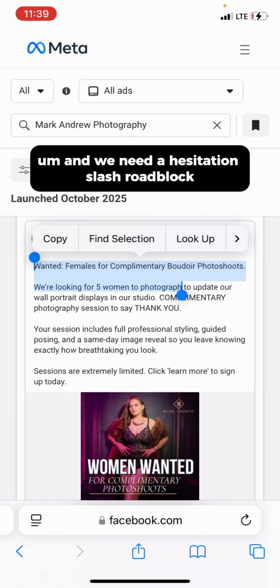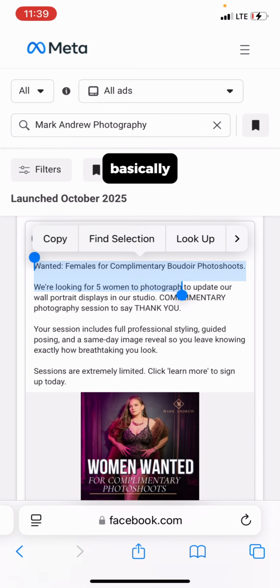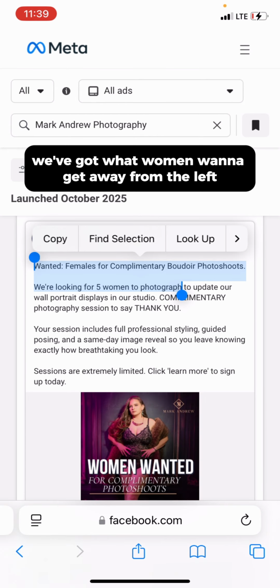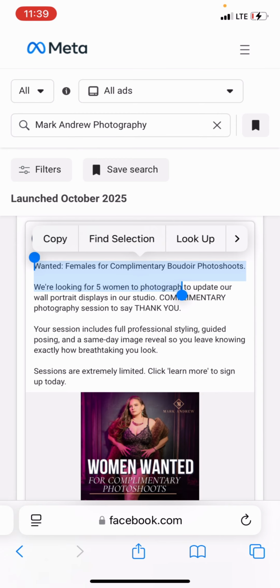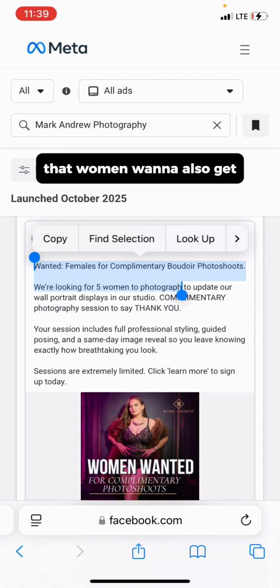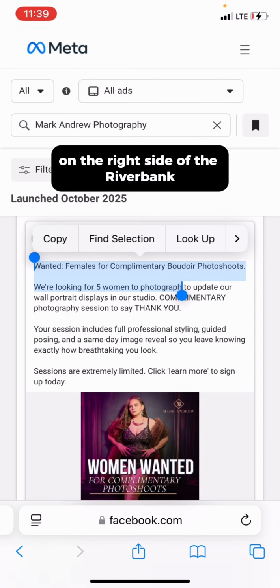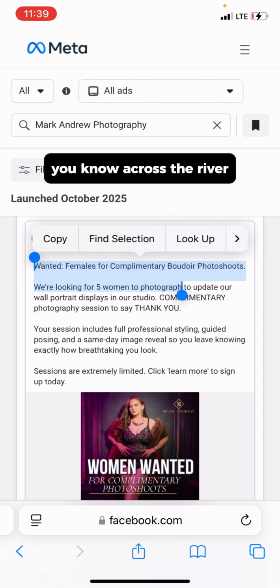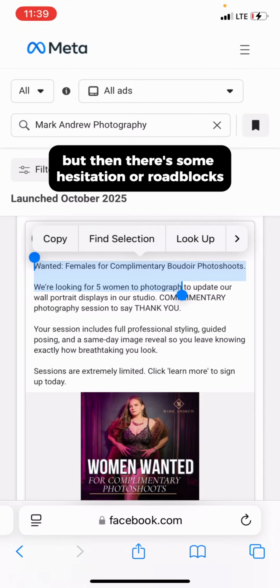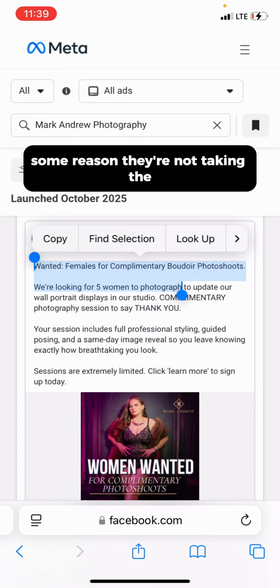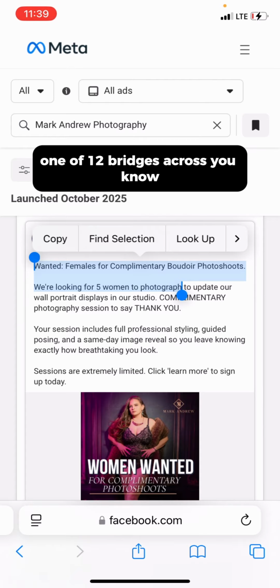We need a hesitation or roadblock. Basically, we got what women want to get away from, the left riverbank. We got this other different thing that women want to also get on the right side of the riverbank, by crossing the river. But then there's some hesitation or roadblocks, some reason they're not taking one of 12 bridges across.